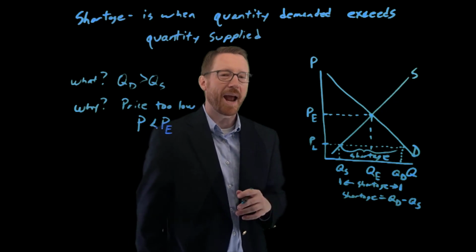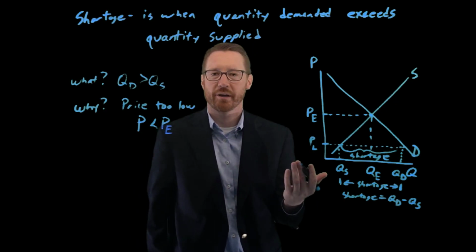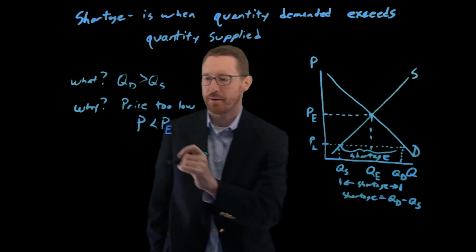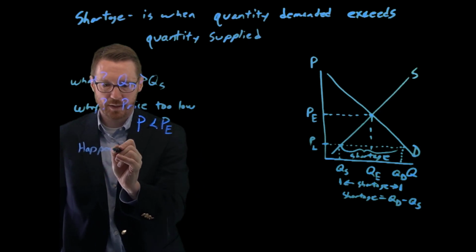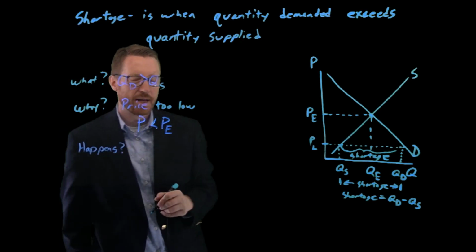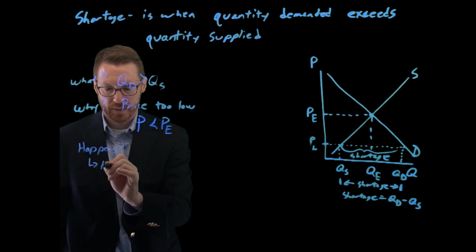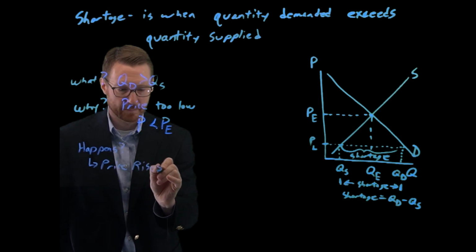So what has to happen to resolve this shortage? Why aren't the shelves at stores always empty? Why aren't they just completely wiped out? If we think about what happens, it's got to be a story about price increasing. So price rises.